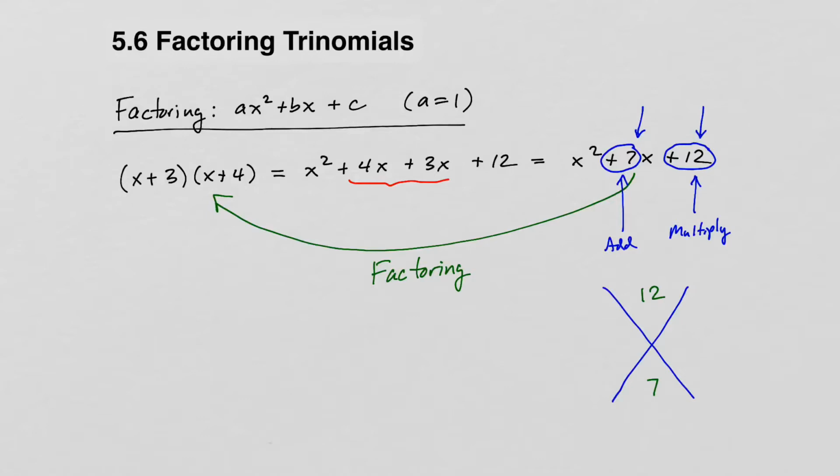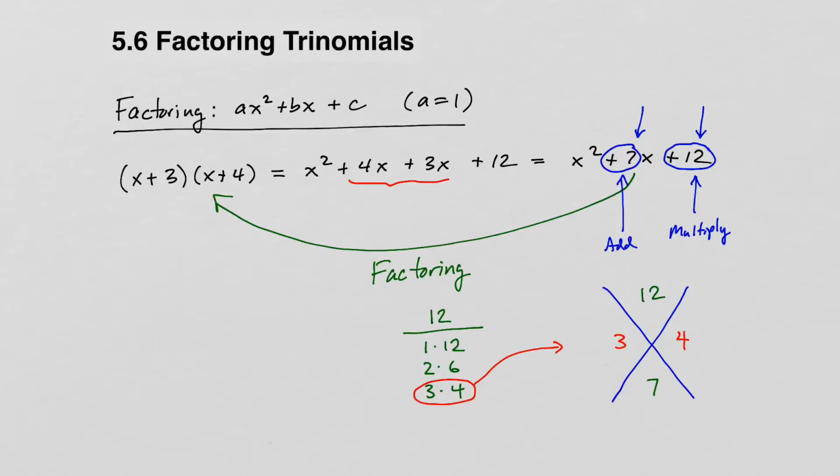And I'm sure many of you already know what these numbers are, but let me list the factors of 12. So 12 can be 1 times 12, 2 times 6, or 3 times 4. Out of these possibilities, 3 and 4 are the numbers that we're looking for. Those are the numbers that multiply to give us positive 12 and add to give us 7.